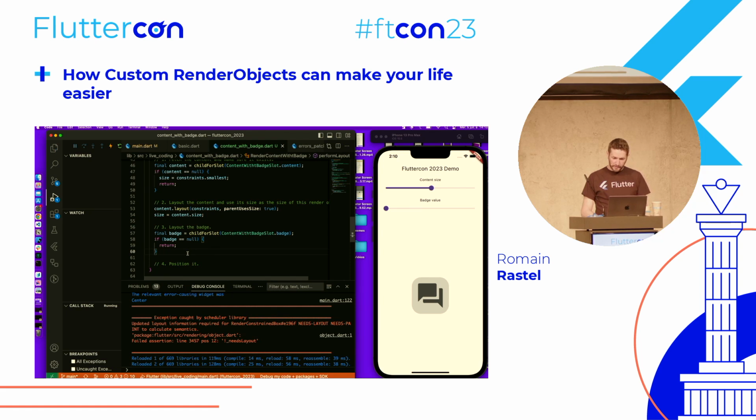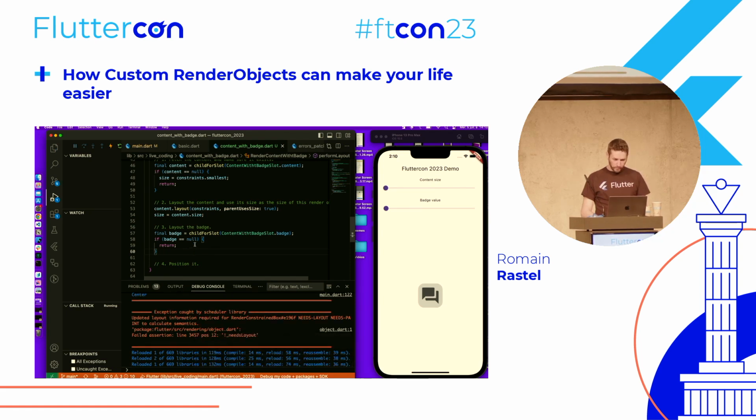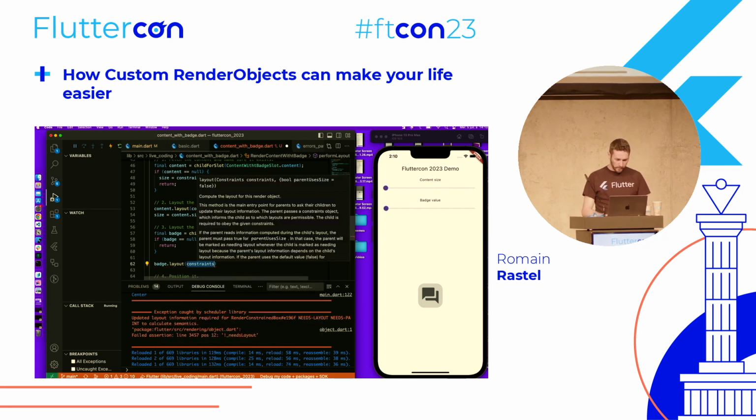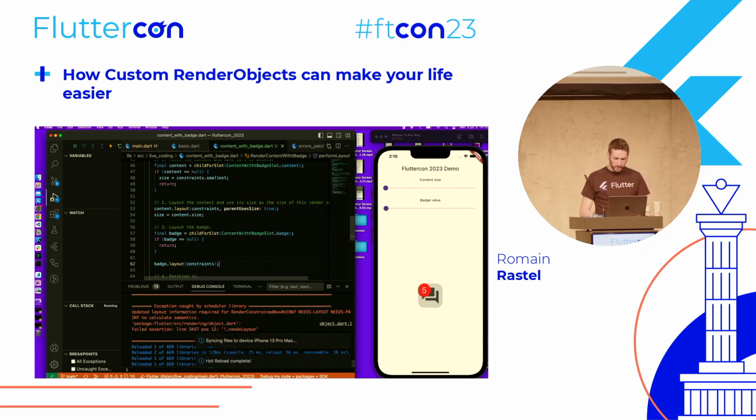And if I save it, why don't I see the page? Oh, okay, because I didn't lay out the page. I want to lay out the page with the constraints, and here, okay, we see the page, but it's not at the position I want. By default, it's at 0, 0, so it is at the top left of the render object.